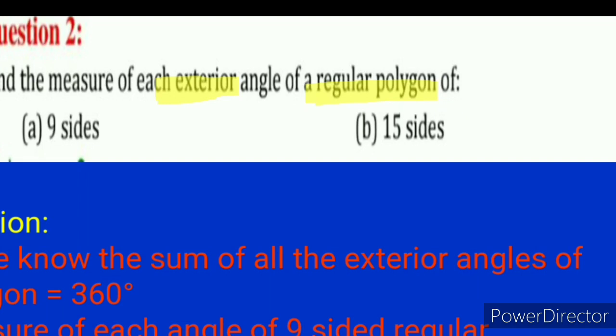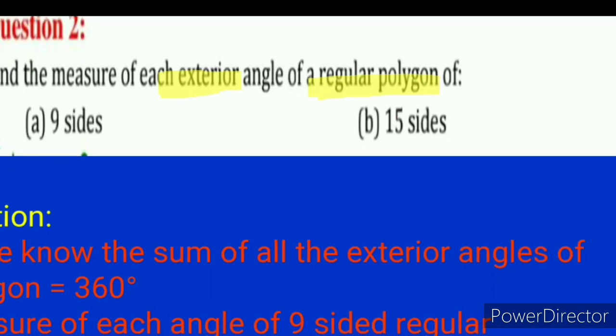Regular polygon means all sides and angles are equal. Now what they are asking: find the measure of each exterior angle. Each exterior angle, one angle measure, how much will it be if that polygon has 9 sides or 15 sides. That is the question. Understand?